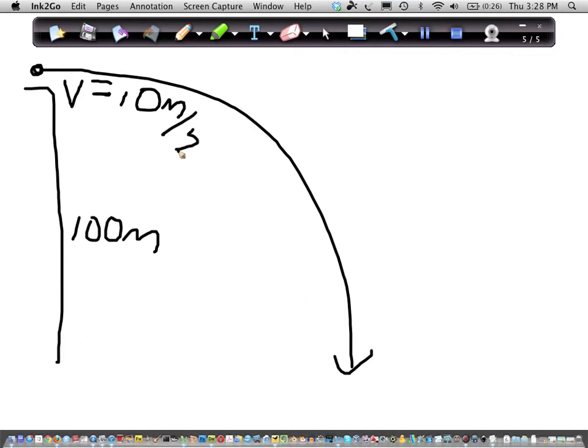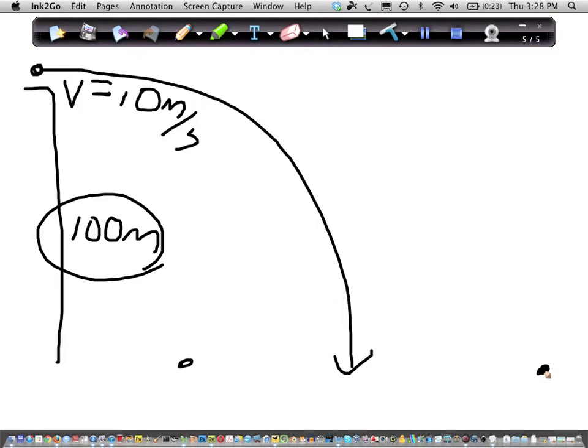What determines how long this thing's going to be in the air is right here. It doesn't depend how fast it's going off the cliff. If it's going real slow off the cliff, it'll just land down here somewhere. If it's going real fast over the cliff, it might land out here somewhere. But the amount of time that it takes doesn't matter. It's only dependent on the vertical distance.